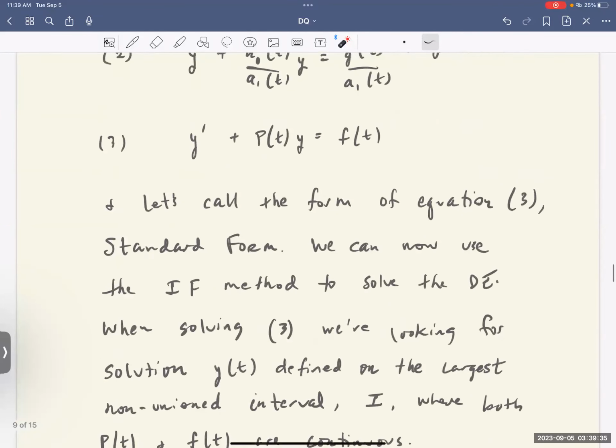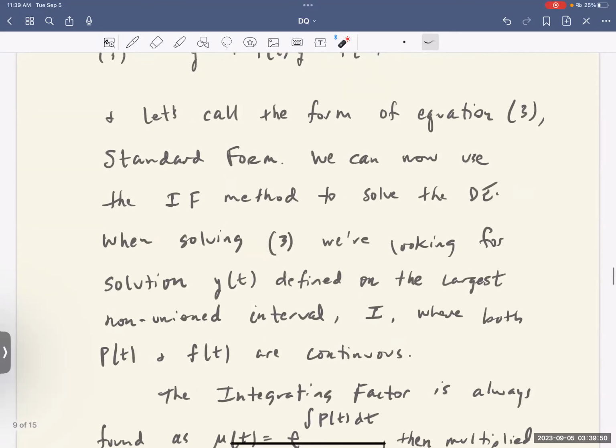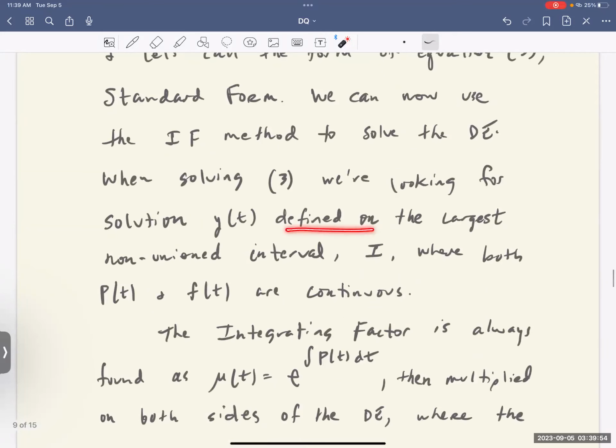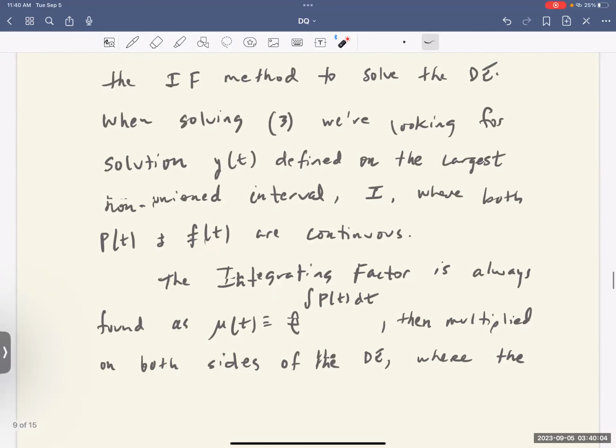And when you have equation 3 like this, it's called the standard form of an equation, and you need the equation in standard form to begin the integrating factor solution. That's what we're looking for, and we're going to define it on the largest non-unioned interval. We'll call it I, where both the p of t and f of t are continuous.